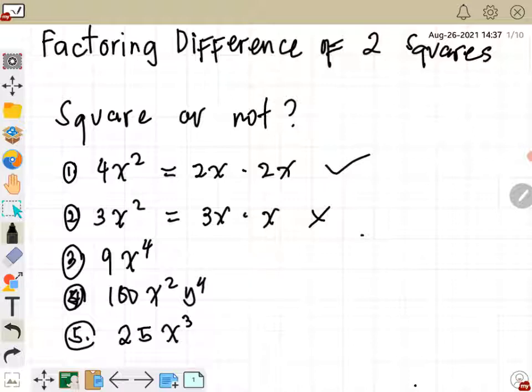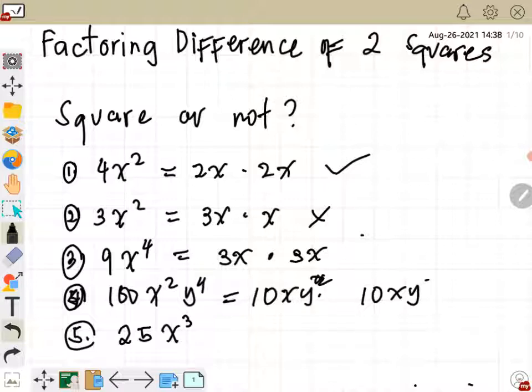9x raised to 4, we can split this into 3x square times 3x square. That means this 9x raised to 4 is a square expression. 100x square y raised to 4, we can split 100 into 10 times 10, x square into x times x, and y raised to 4 into y square times y square.